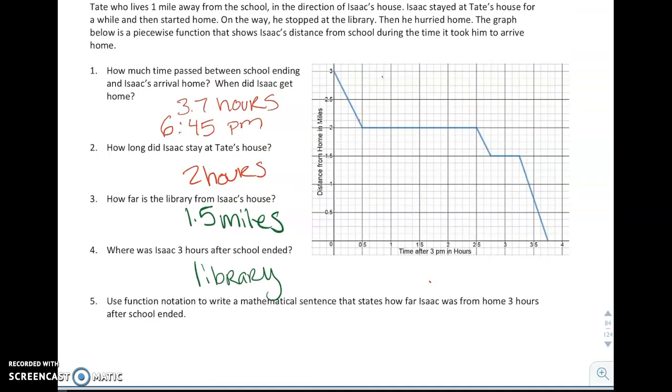So before I do that, I have to find my slope. To find my slope, I need to go from perfect point to perfect point. This is over 1, down 3. Over 1, down 3.